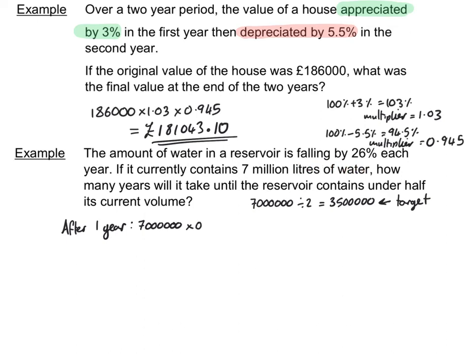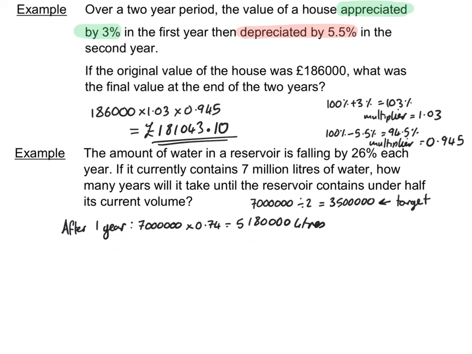My multiplier for that is 0.74, and that's going to give me, if I type it into a calculator, 5,180,000 litres. So again, having this little labelling just helps me keep track of where I am in the question. So after 1 year, I'm going to have 5,180,000 litres.